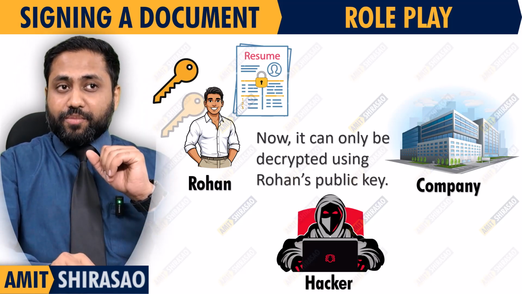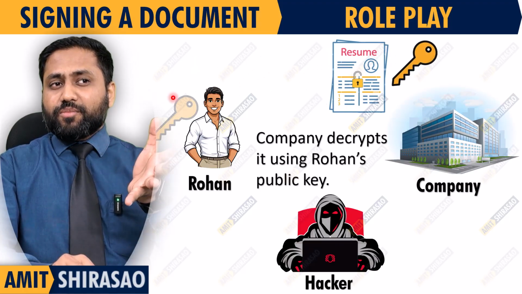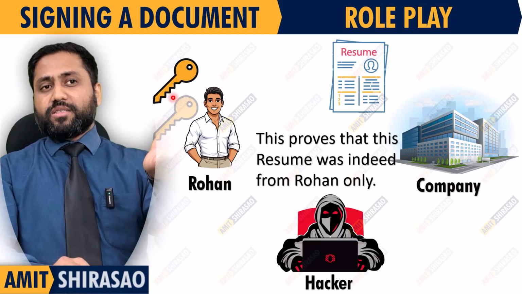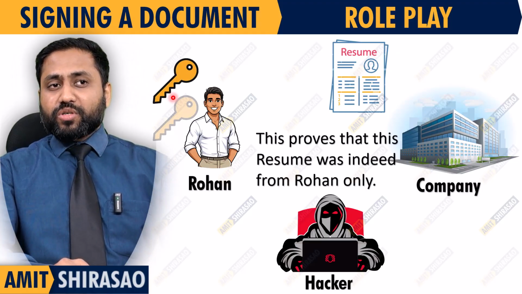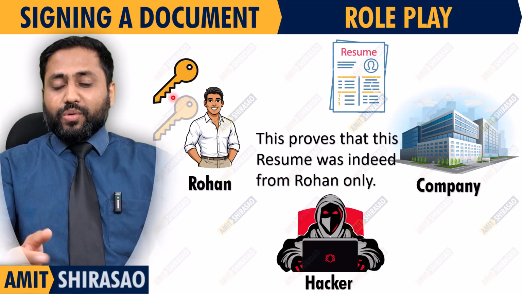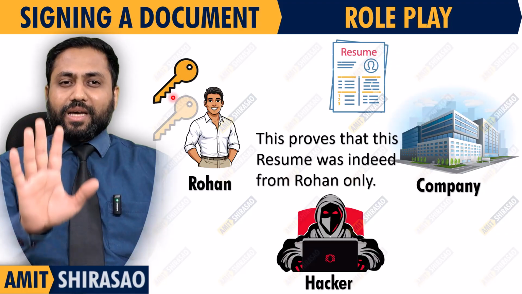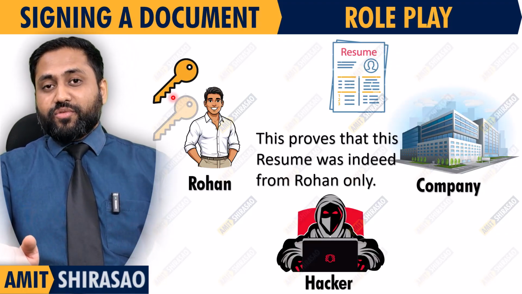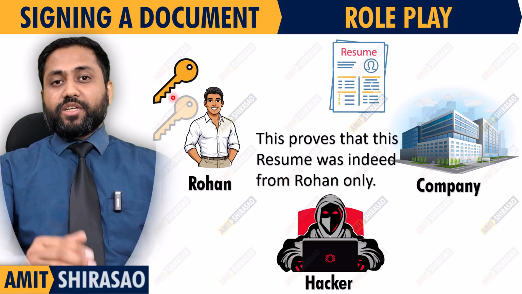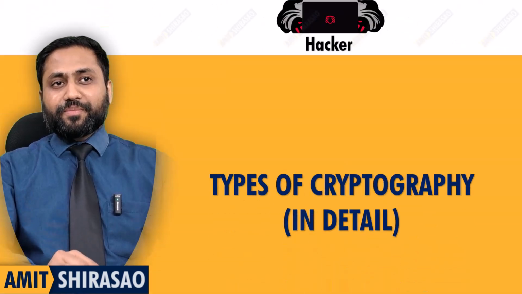And if this happens, then the company gets the evidence that yes, this resume was definitely sent to me by Rohan only, because he has signed it, he has encrypted it using his private key. This is what is called signing the document. So he has signed it, and the sign is verified because it got decrypted using Rohan's public key. So this is called signing a document.